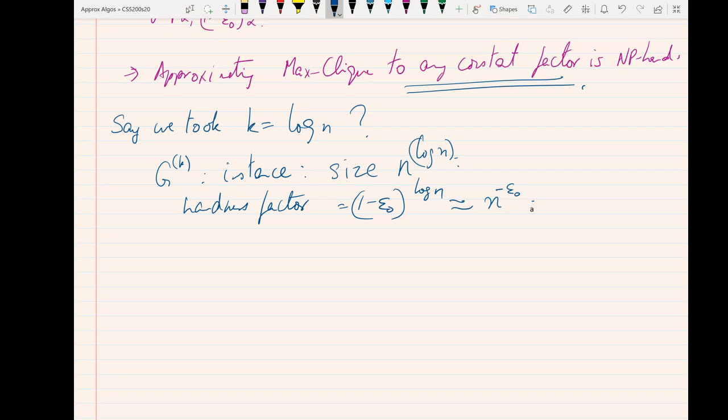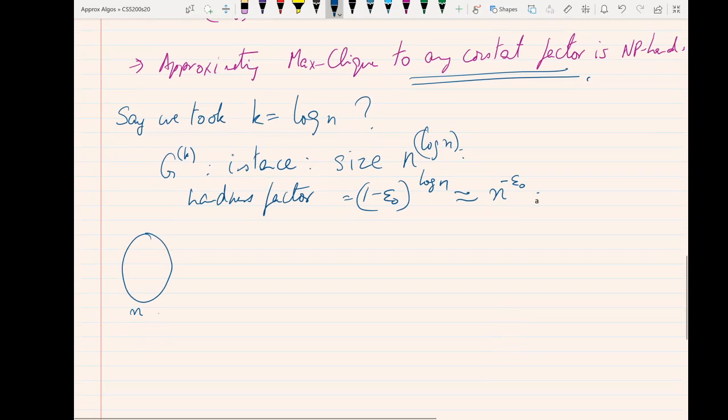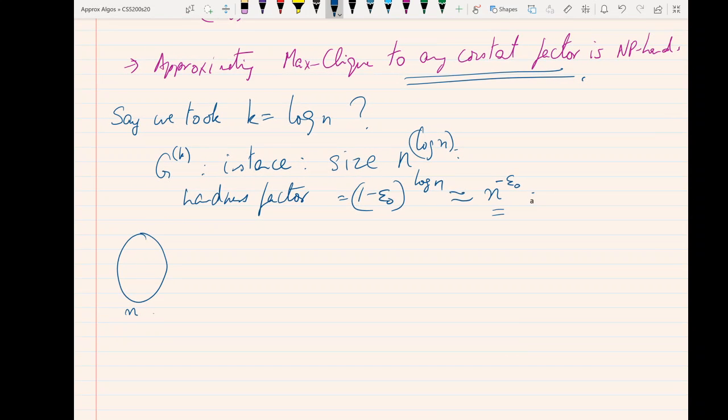Now the point about this is the following. We started out with a 3-SAT instance of size some n. If you had a polynomial time algorithm for max clique that approximates it to n raised to minus some epsilon 0, what does that mean? That means that you have g raised to k for some large k.